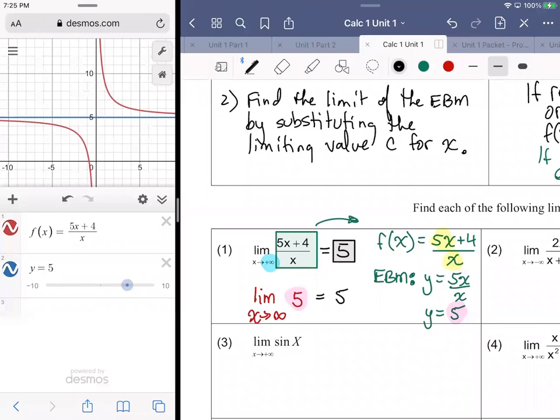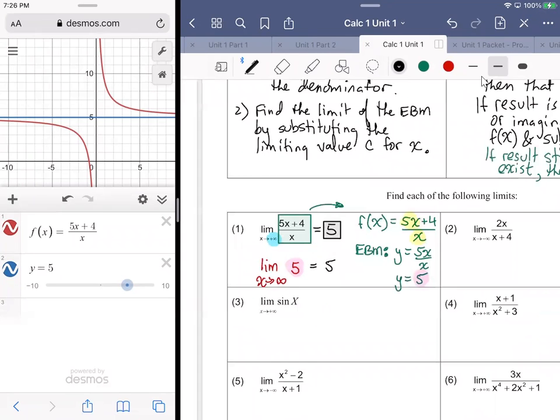But for extreme values, they behave very much alike. Right? So we have the ability to say, okay, wherever the end behavior model goes, the original function also has to go. It's got to get to the same destination. So if the limit of one is 5, the limit of the other is also going to be 5.